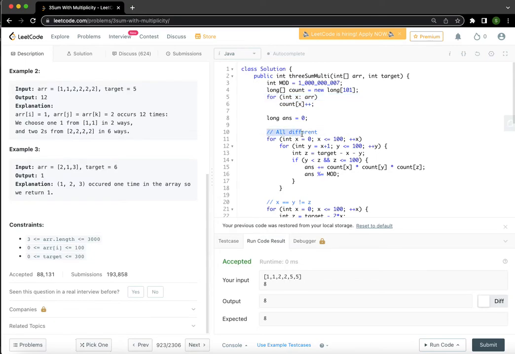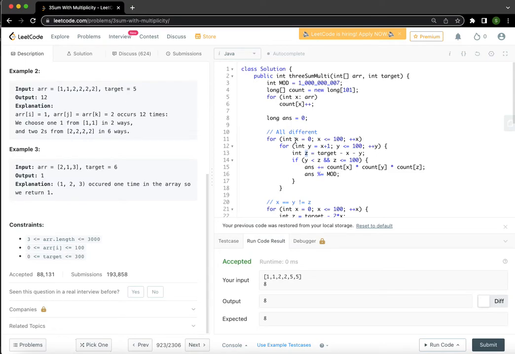And then it goes on looking at different options, like if x, y, z are different. What it does is that it looks at z as target minus x minus y. So only if the count of z has some value would the answer have some value, otherwise it would be 0.